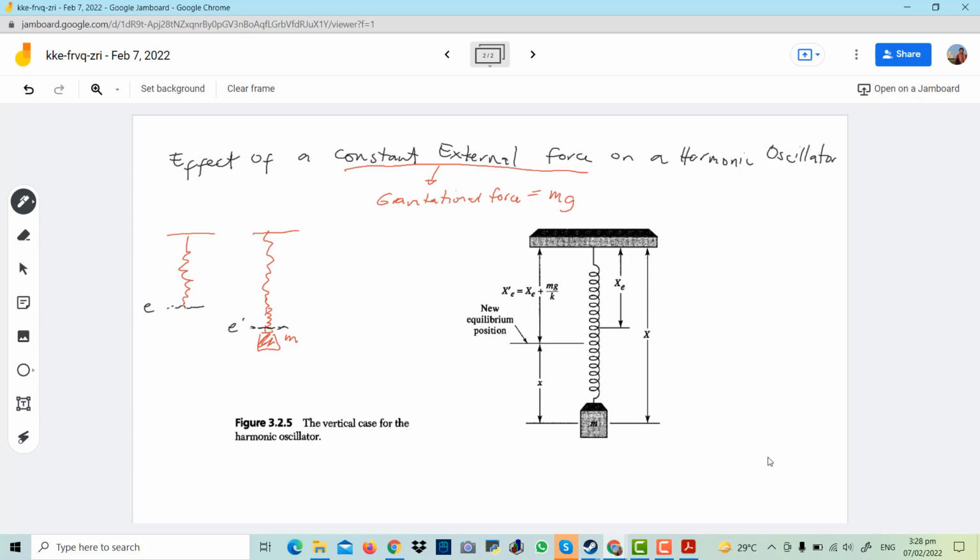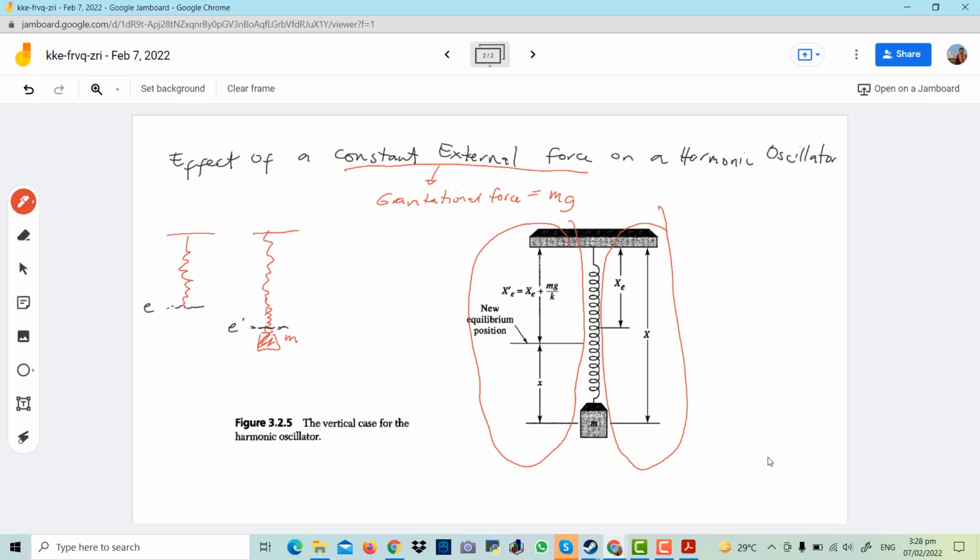As you can see, we have two measurements here. The first one is the one we consider first, and the second measurement is based on the new equilibrium position. So what do we mean by new equilibrium position?